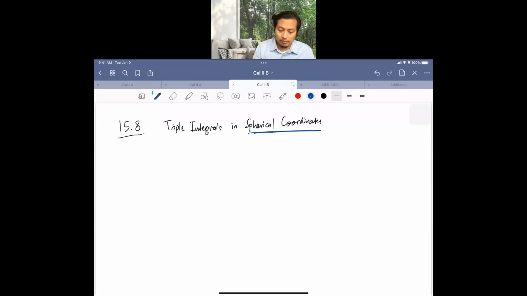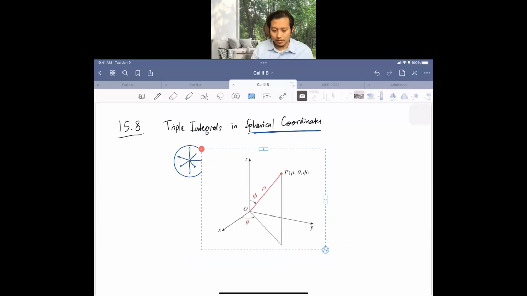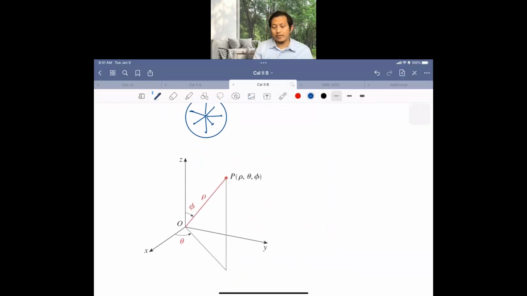So you could just imagine a sphere, and let the sphere have some variables to define its position at every point in the sphere, right? When you have a sphere, it has a radius. The radius is rho.